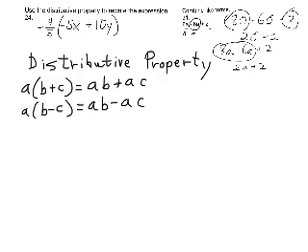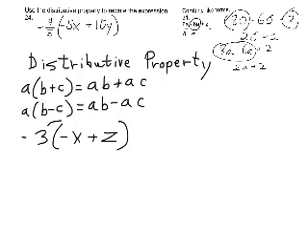So if we had a problem like, let's make it a negative 3, negative 3 times a negative x plus z. Let's use a different letter. Alright, so when we distribute, we're going to multiply this times this one, and this times this one, and then we'll use the sign between the two products. So a negative 3 times a negative x, a negative times a negative is a positive.